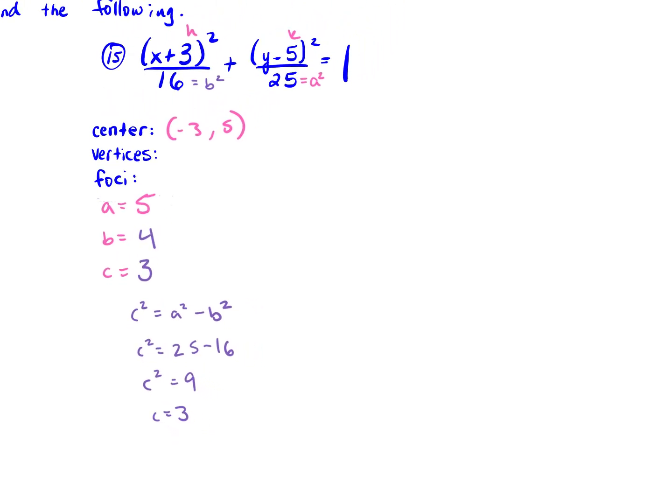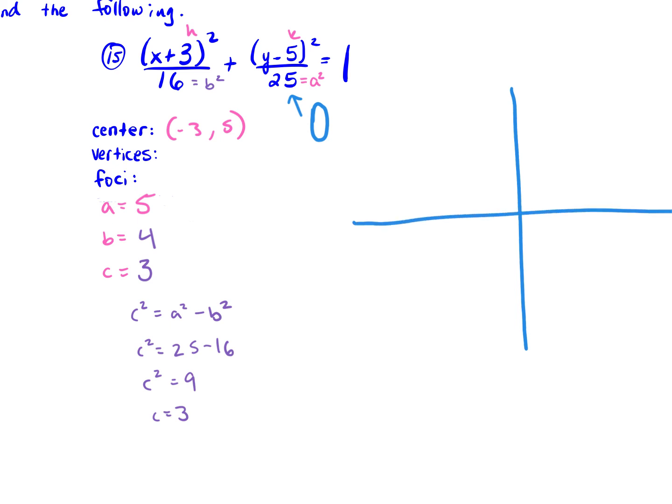Am I going to have a horizontal ellipse or a vertical ellipse? It's vertical because the bigger denominator is under the y, so that tells me I'm going to have a vertical ellipse. So to help me find my vertices and my foci, I think it's easiest to graph.